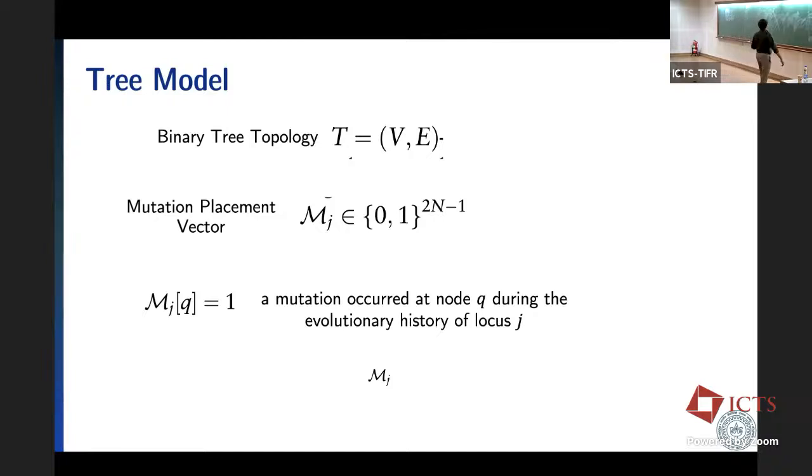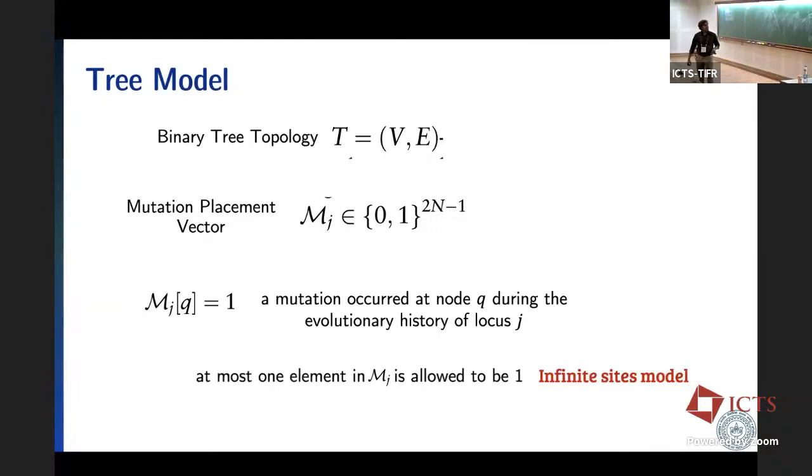So if something is happening on the branch, you can also denote it as the mutation happening on this internal node. So the branch which is incident upon the internal node, we can use that also, and that is what is being utilized over here. Okay. And of course, as I said earlier, at most one element in mj is allowed to be 1. So this is coming from the infinite sites model. Okay.